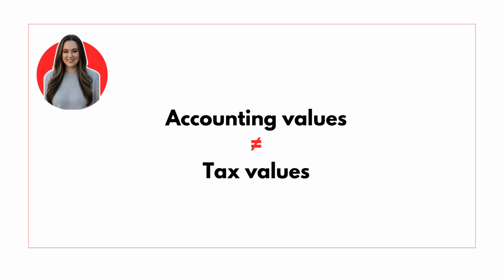So when we adjust assets to fair value in our consolidation, that change often exists only in the group financial statements, nowhere else. So the tax system continues to use that existing tax base. Remember, tax base is the tax carrying amount of the asset. Because we have our accounting carrying amount and the tax system has their tax carrying amount, we have these temporary differences that arise.